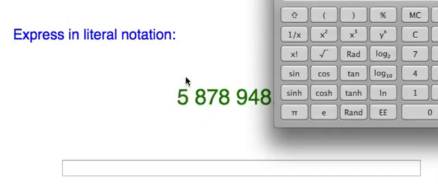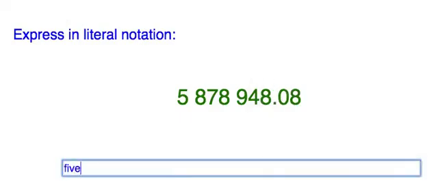So I'm going to read everything in the millions block and then end it with the word million. That's straightforward. So 5 million. And then in the thousands block we have 878. So I'm going to follow that up with the word thousand. So 878 thousand.